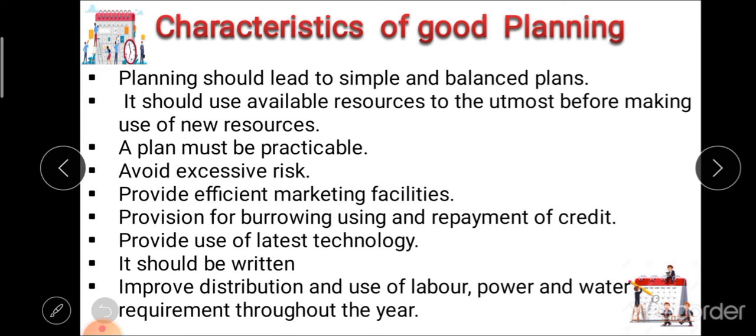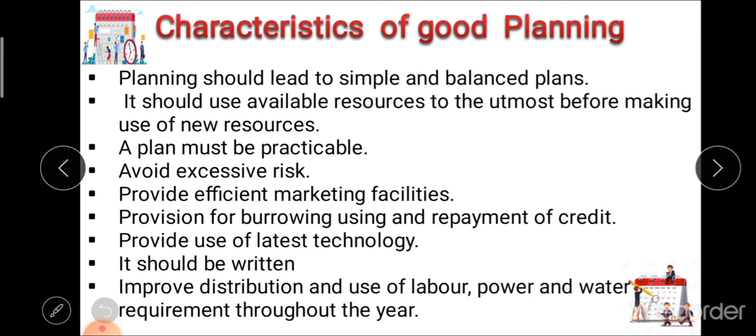Also, the plan must be practicable. Whatever your plan, it must be implementable practically in the field. Next, avoid excessive risk. While preparing the plan, you have to avoid risky points or risky decisions. Then planning must provide efficient marketing facilities.